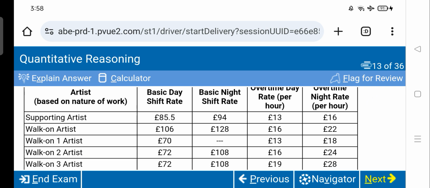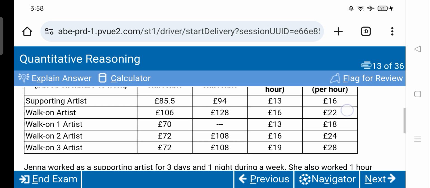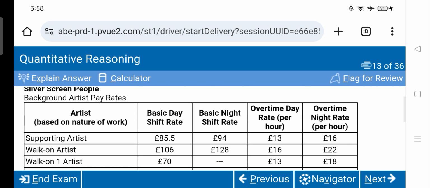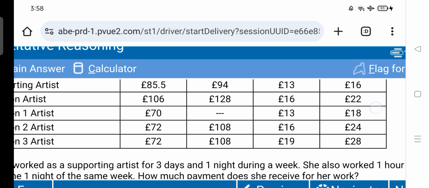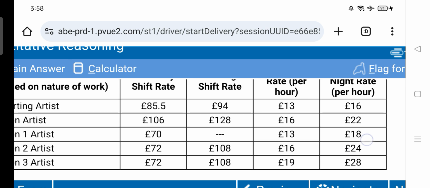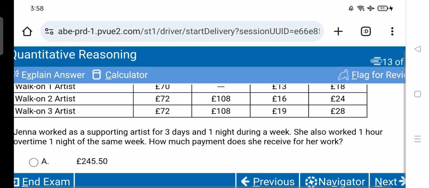We have artists based on nature of work: basic day shift rate, basic night shift rate, overtime day rate per hour, overtime night rate per hour. There you can see.